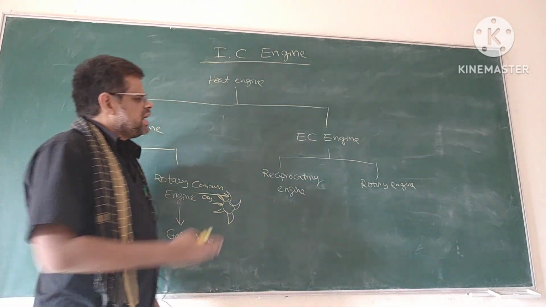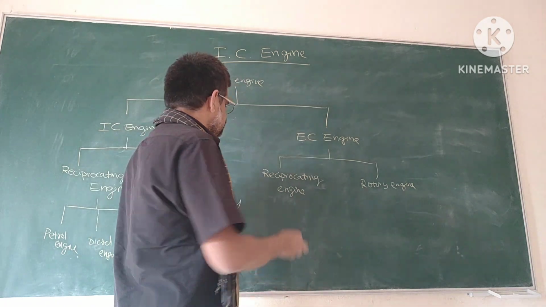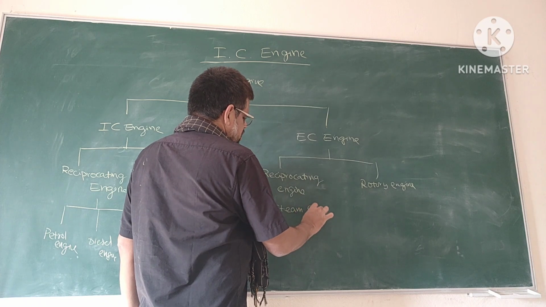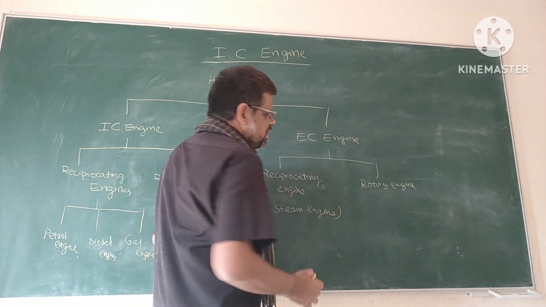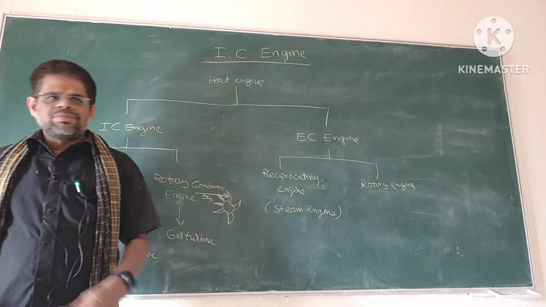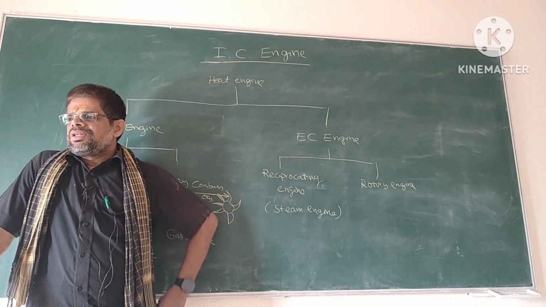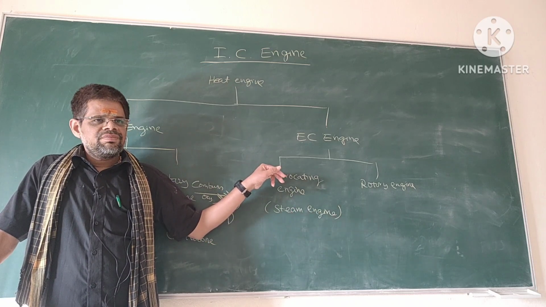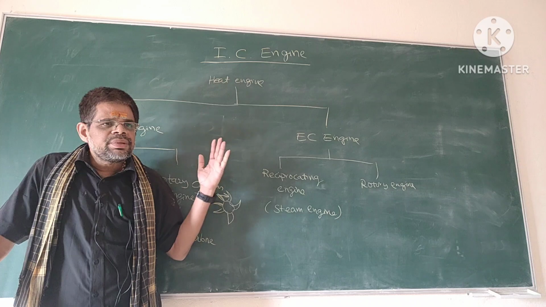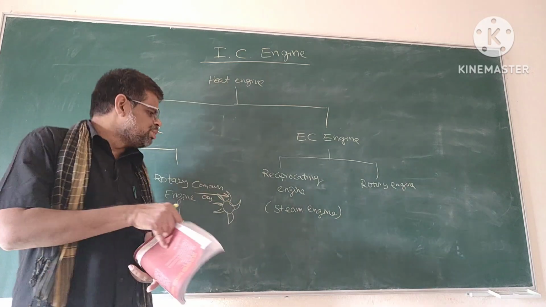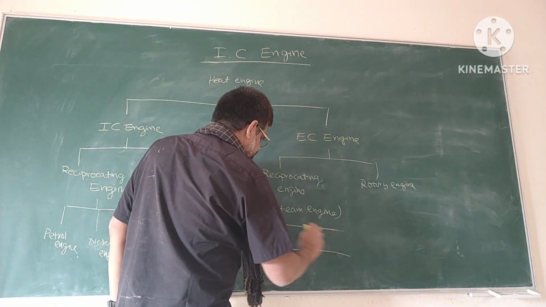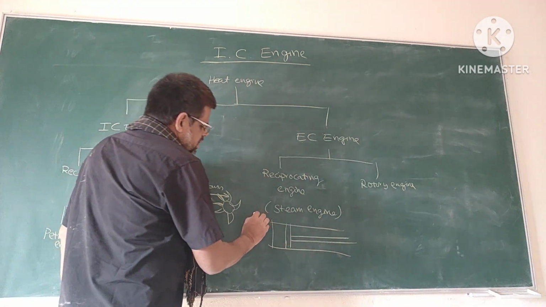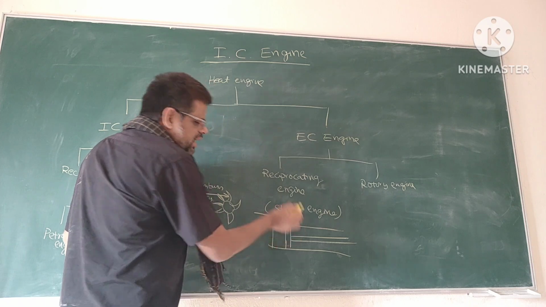Similarly, in the case of external combustion engines, for reciprocating there is only one type, that is the steam engine. The steam engine uses steam to produce mechanical energy. It comes under the reciprocating engine category because it also consists of a reciprocating piston. What happens is, we allow the steam to move into the chamber.